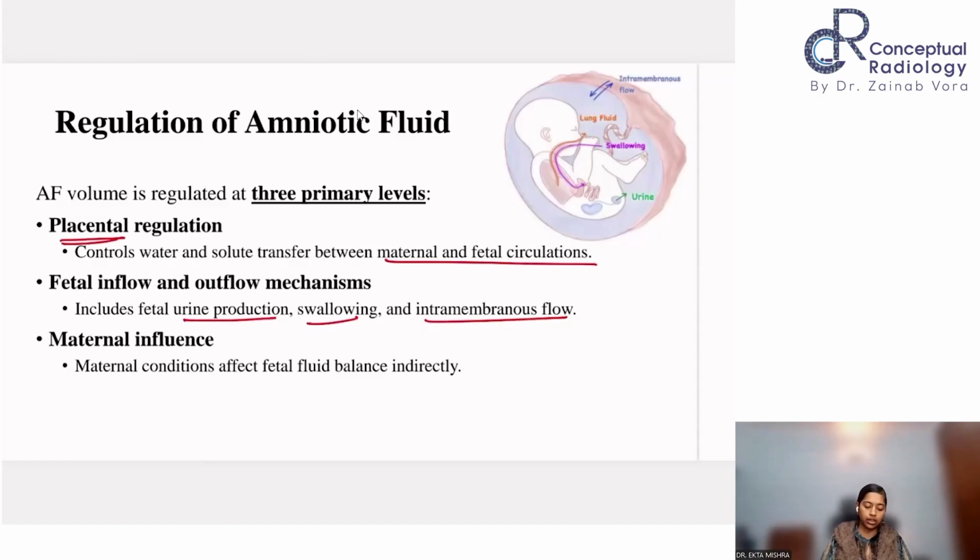Third and most important is the maternal influence, where the physiological conditions of the mother affect the fluid balance indirectly by affecting the placenta and fetus. So 3 levels: placenta, fetus, and maternal influence. So these are the 3 levels where amniotic fluid is regulated.